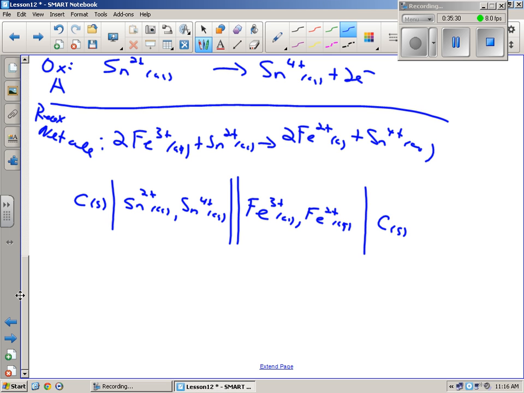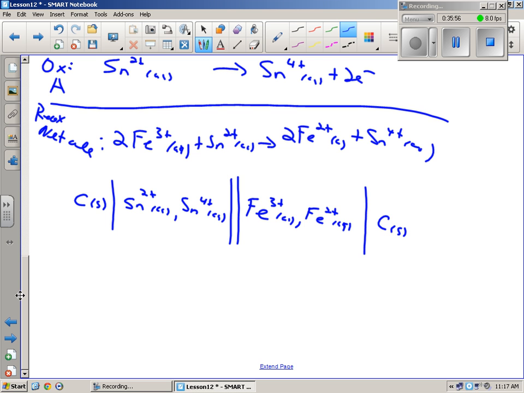Which one did you put first or whatever? As long as you know that's the anode electrolyte and cathode, as far as the actual ions there, it doesn't matter. You'll just see a list of them. Usually, tin 2 plus turns into tin 4 plus, and iron 3 plus turns into iron 2 plus. You don't have to, though, okay? As long as you see that somewhere there. So that would be your cell notation.